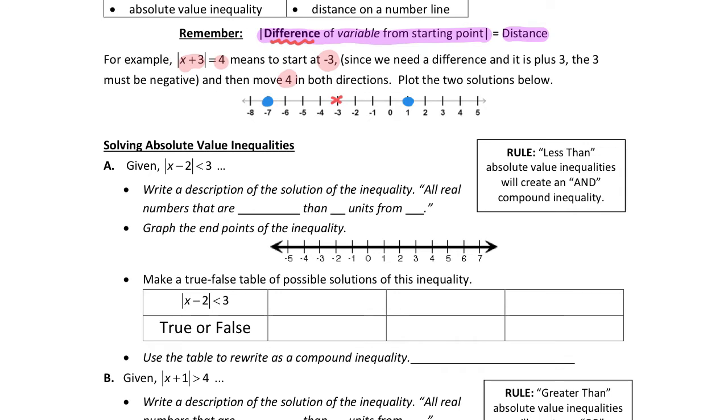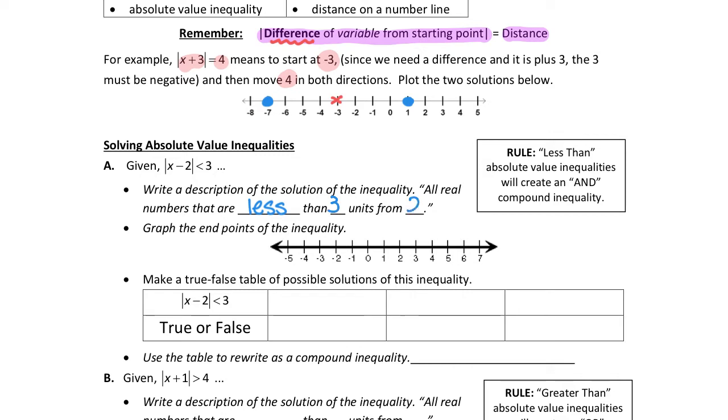Next, we're going to apply this to an absolute value inequality. So we can see that if we write a description of this using that definition of an absolute value, it says all real numbers that are less than 3 units away from +2, because that's the distance.